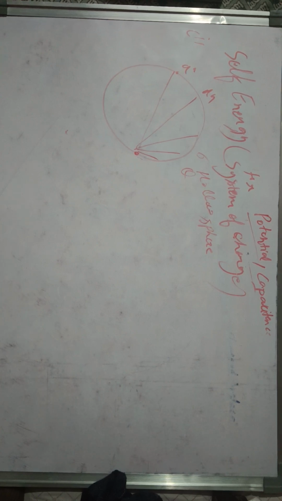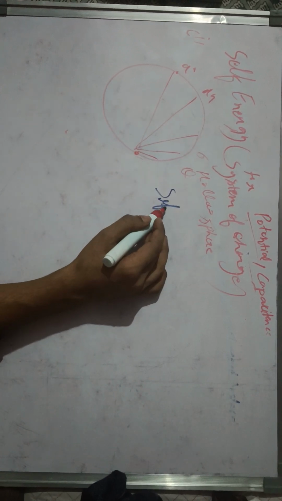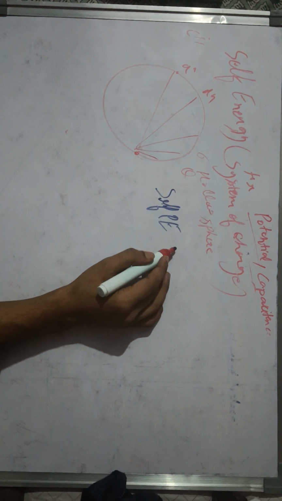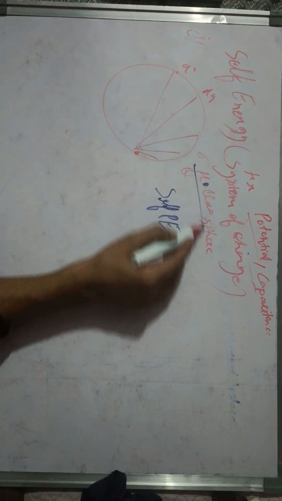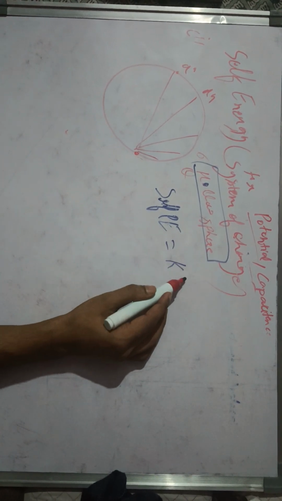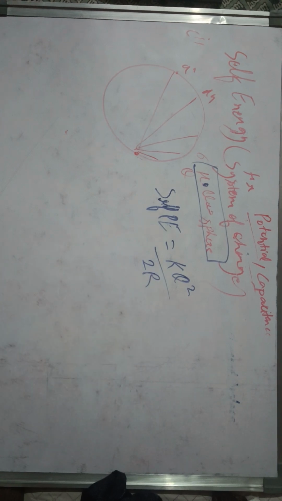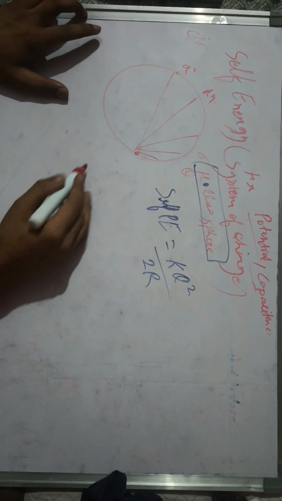And here is the formula for the self potential energy for this hollow sphere. For this hollow sphere, U_s is equal to k q square by 2r, which can be simply calculated by a thought process.